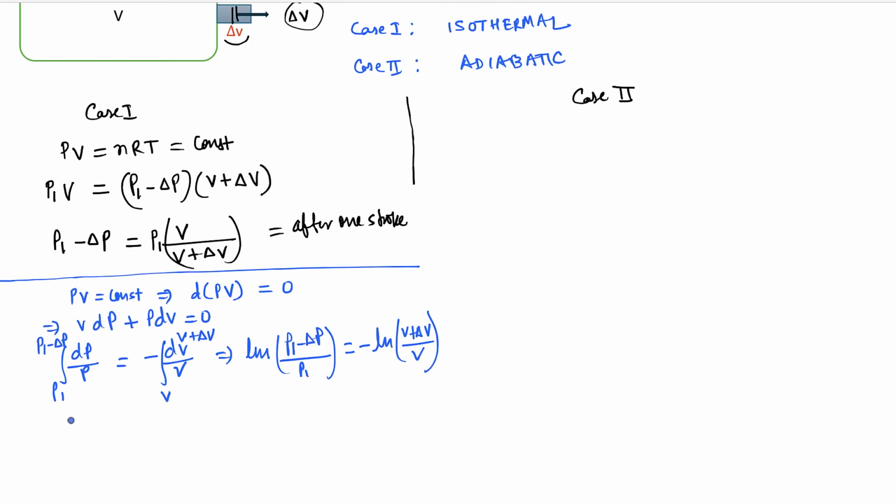And you can write P1 minus delta P equal to P1 V by V plus delta V.